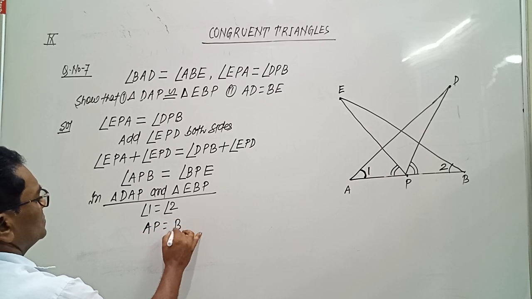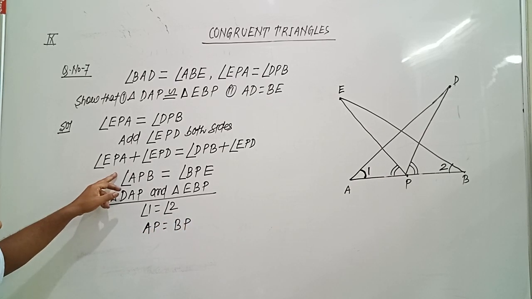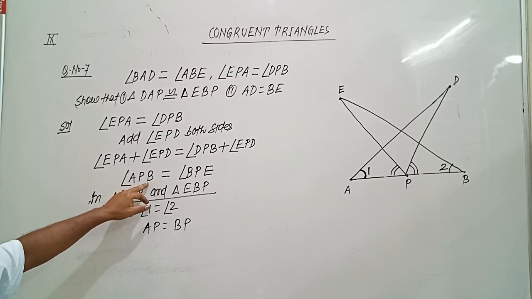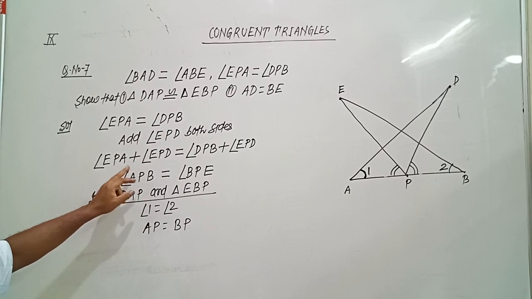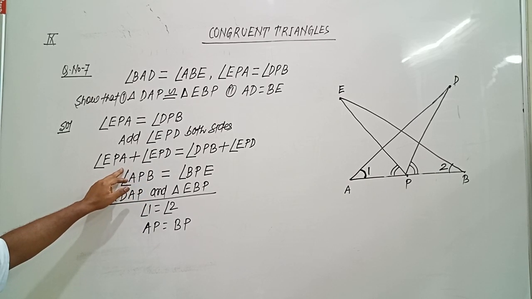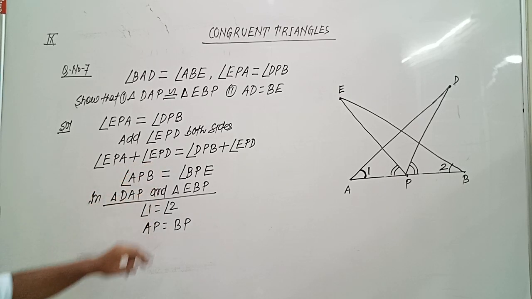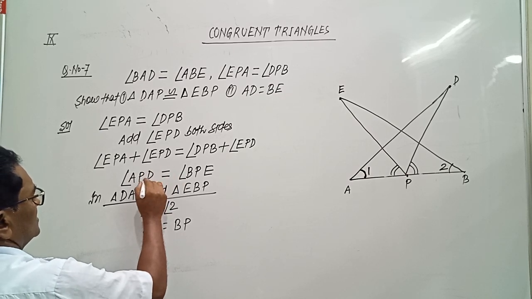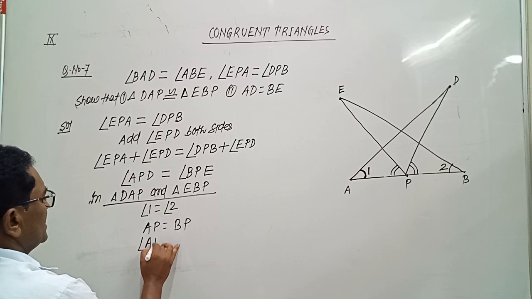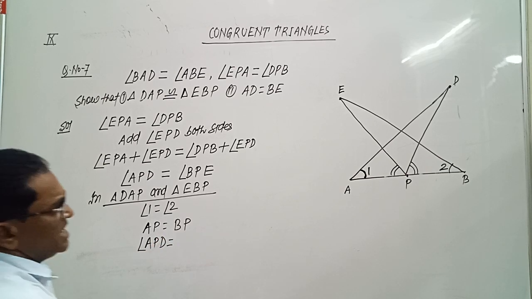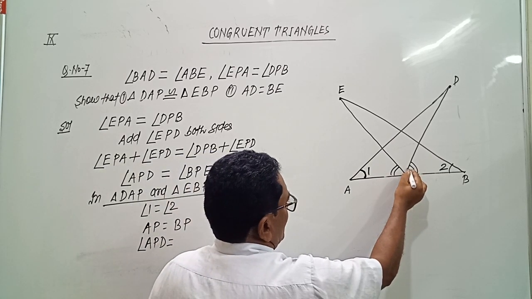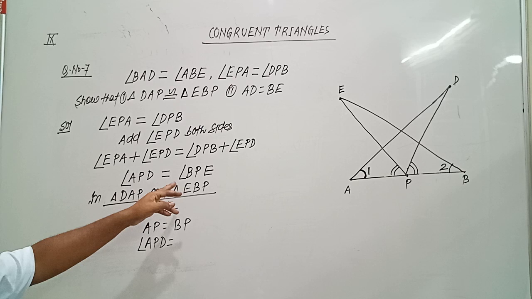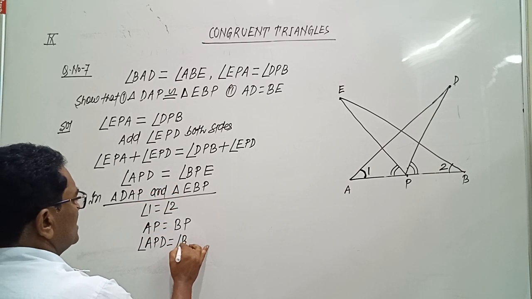AP equals BP, and we have proved that angle EPA plus EPD is written as APD. So we have proved angle APD, this whole angle, equals angle BPE.